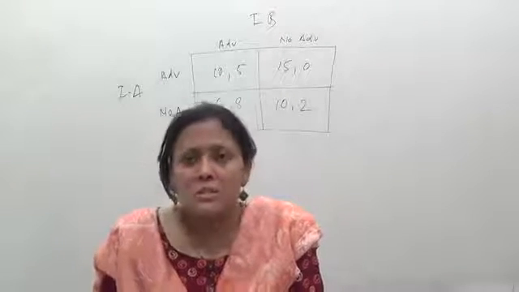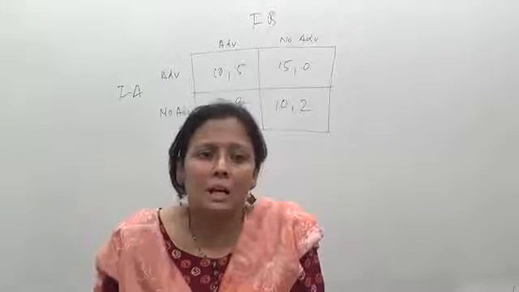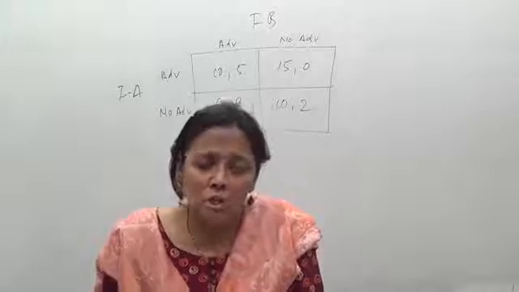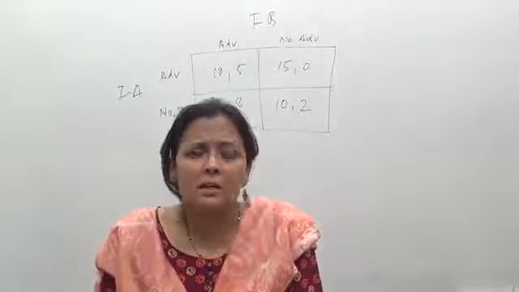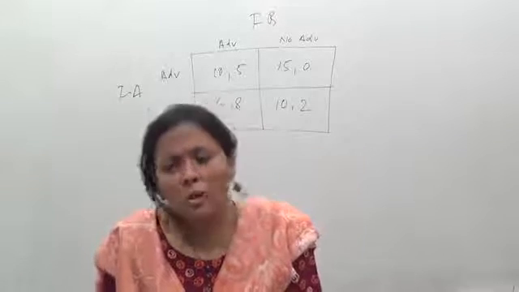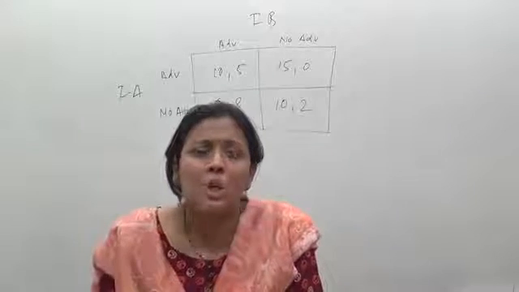But in the practical world it doesn't happen like this. You do not get such a unique solution in which both parties are in the best position without considering the opponent. It doesn't work out in the practical world this way.